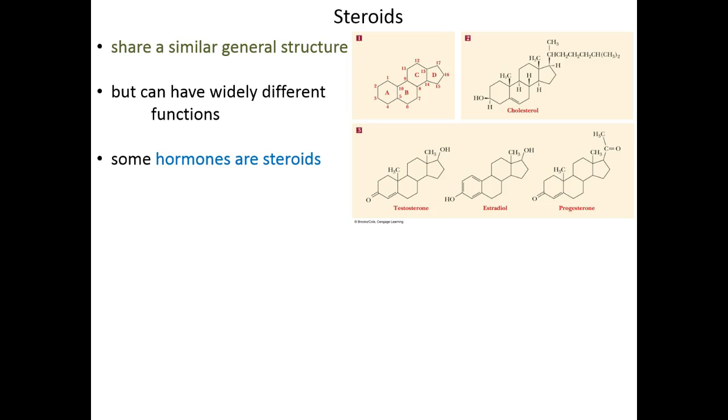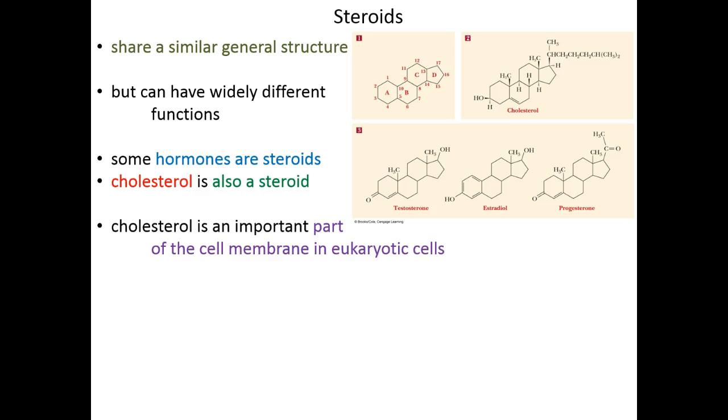You can see that testosterone, estradiol, and progesterone are all more hydrophilic than their cholesterol precursor because they have some polar bonds here, some partial charges up here. Even this carbonyl carbon is slightly polar, but all of them largely hydrophobic. Cholesterol itself is also considered a steroid. All of it falls into the same category.